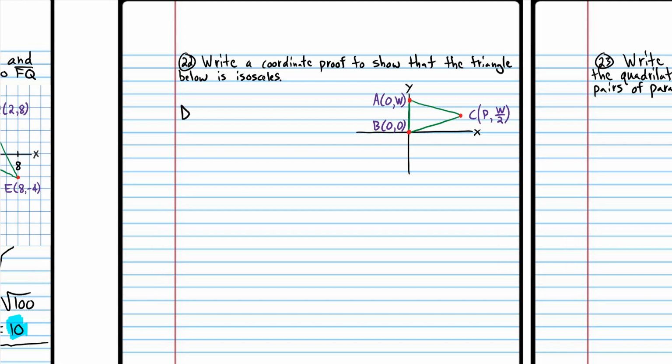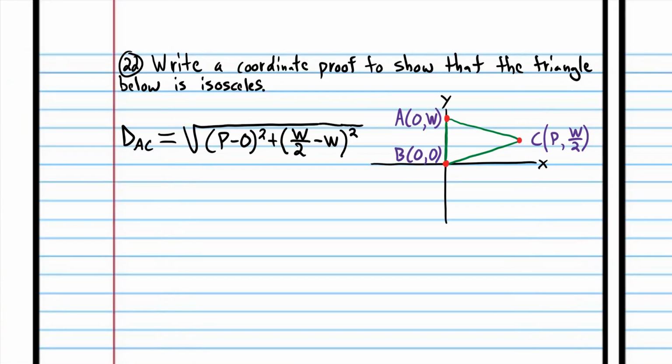So we're going to find the distance between A and C, using A as the first point. So we have P minus 0 squared plus W over 2 minus W squared.